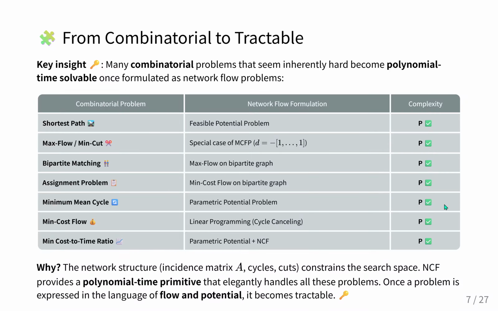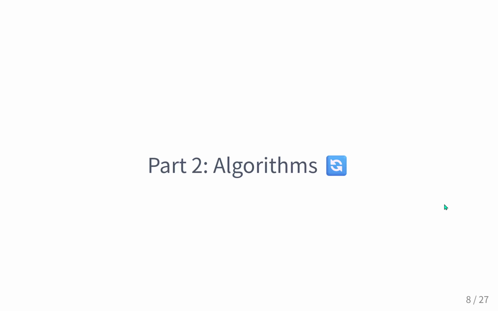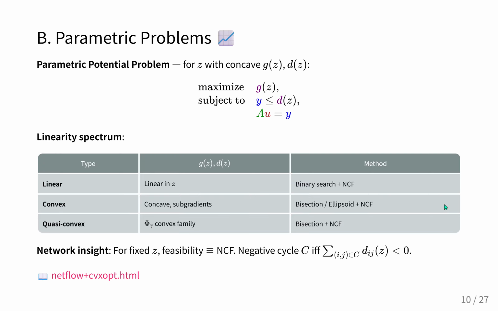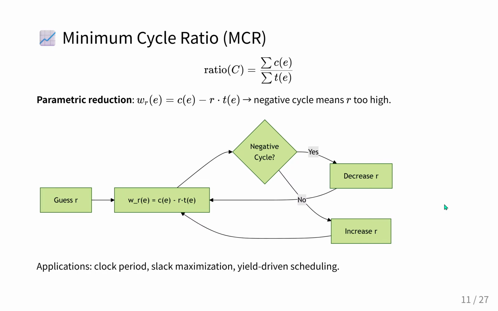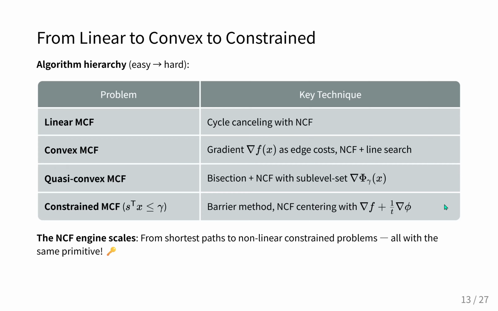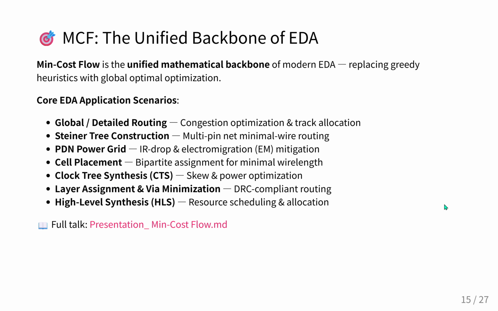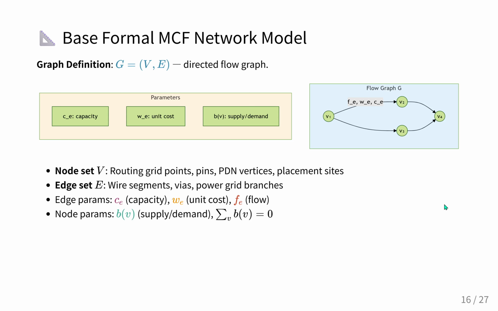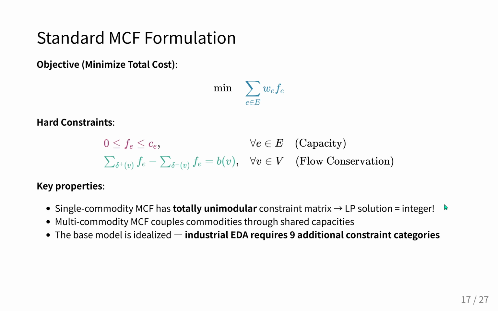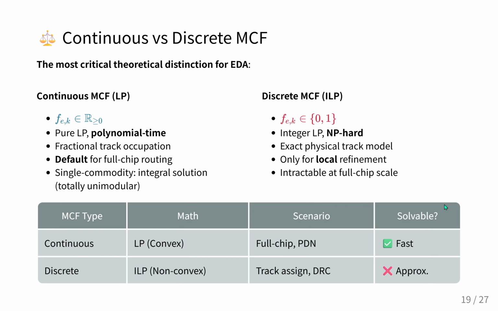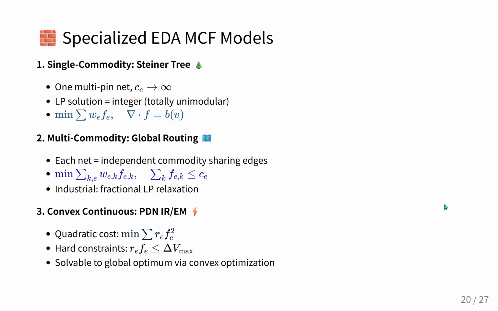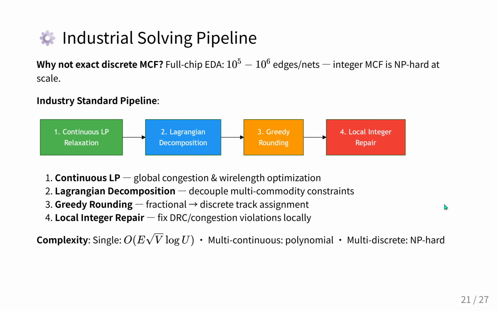We waded through the incredibly demanding physical constraints of computer chip design, balancing the speed of continuous fractions with the harsh reality of discrete physical wires, through a four-step industrial pipeline that relies on Lagrangian decomposition to untangle gridlock. And finally, we saw how these 1D concepts expand into multidimensional realms with discrete exterior calculus, mutating from lines on a chip to 3D fluid dynamics.